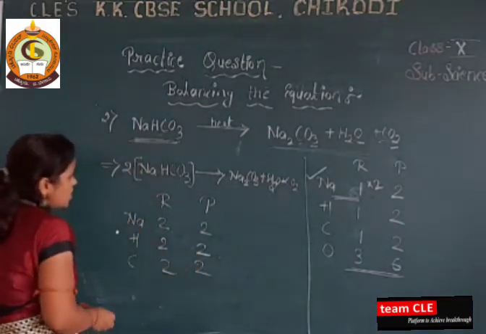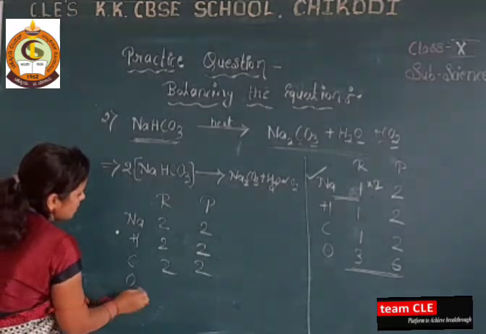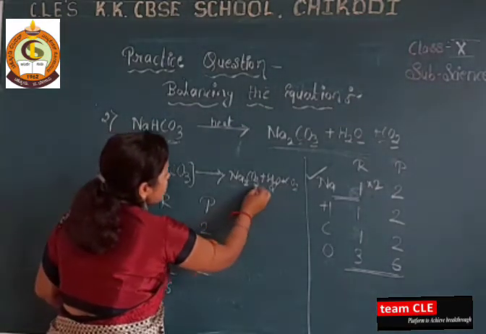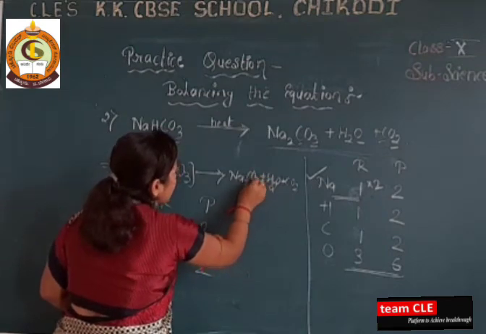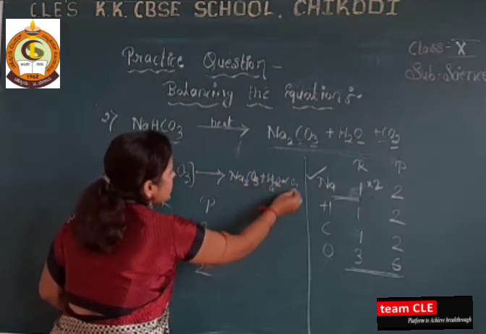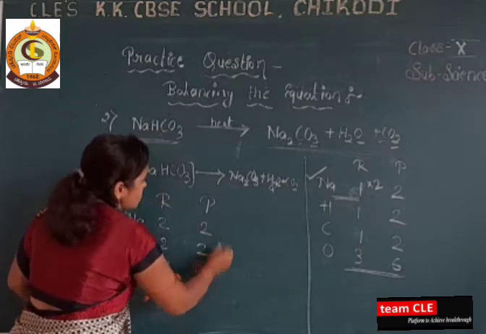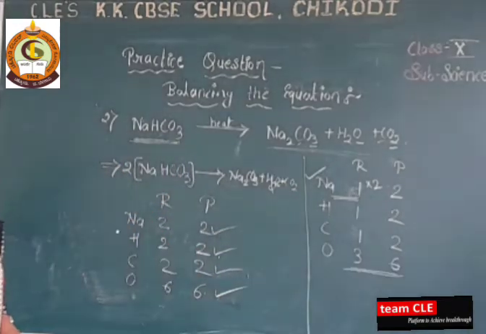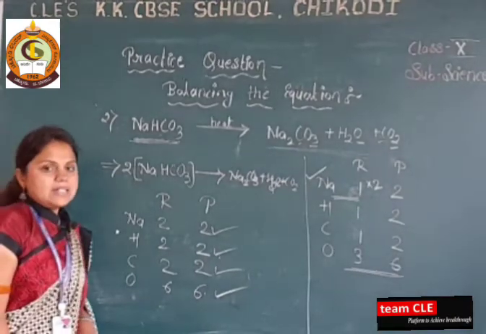So carbon is also balanced. Oxygen is 3 into 2, it is 6, and here also oxygen is 3 plus 1 is 4, 4 plus 2 is 6. So all elements are balanced here.